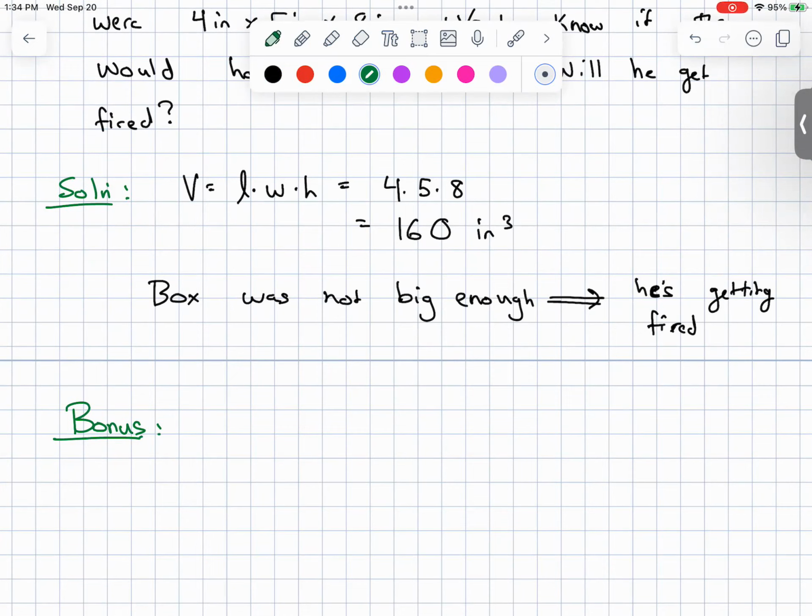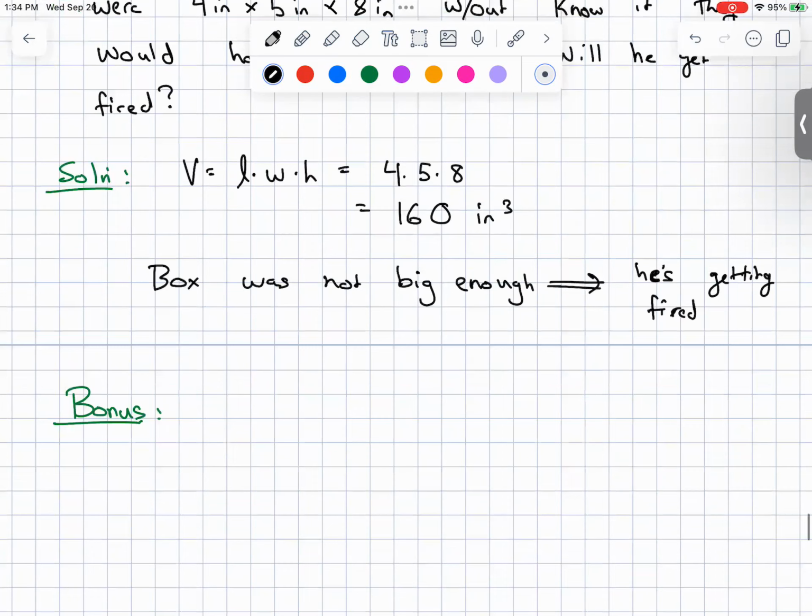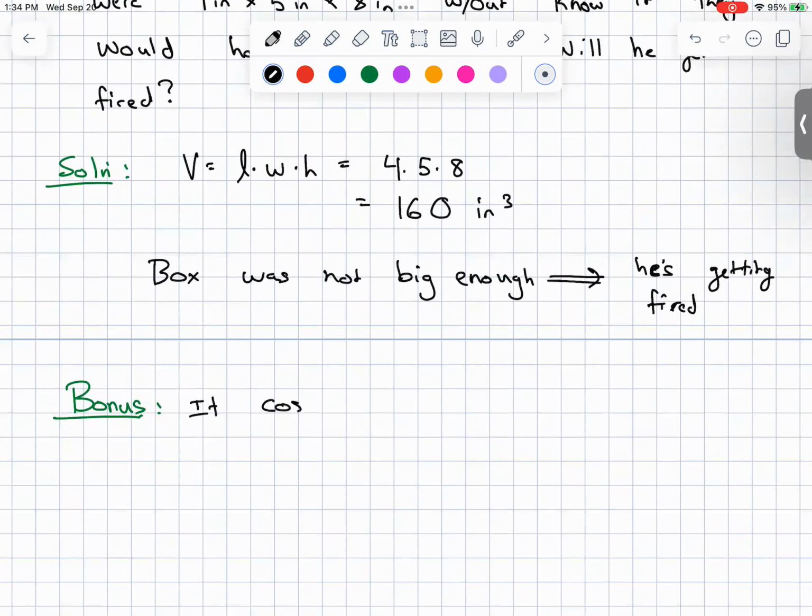But it costs $0.05, so 5 cents, per square inch of wrapping paper.